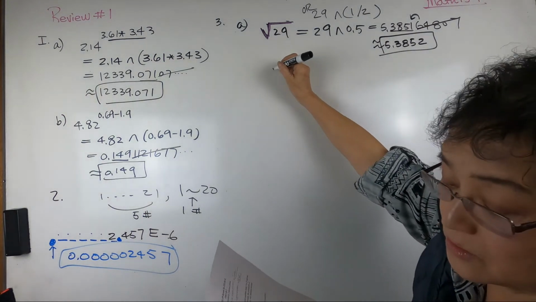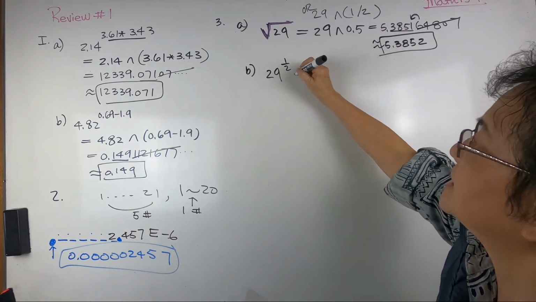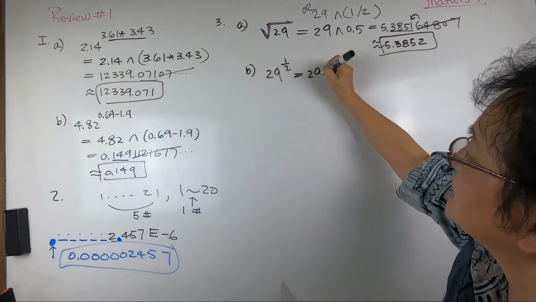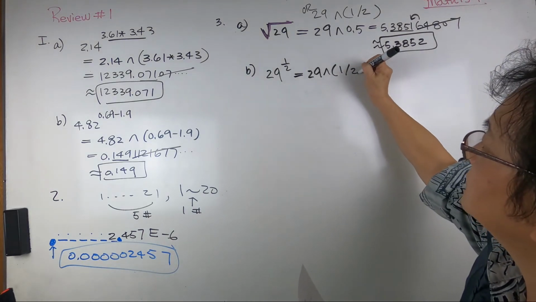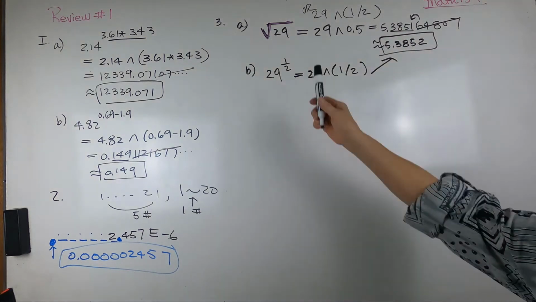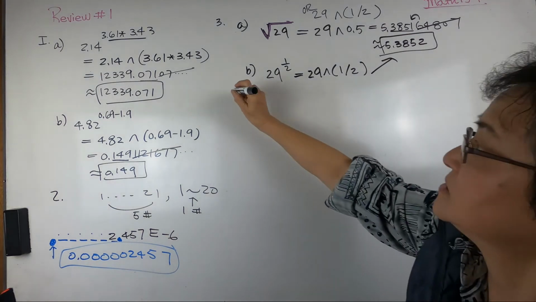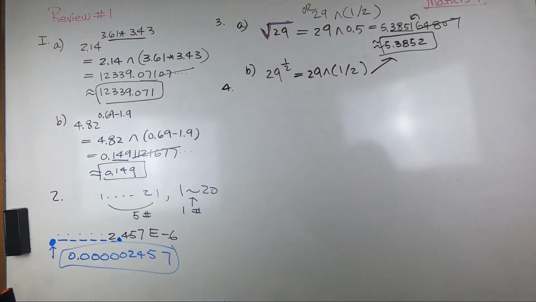Okay, next one is 29 to the 1/2. It's the same thing, right? So 29 to the 1/2 is the 1/2 power. So you get the same answer. You can write it different ways and the answer should be the same.